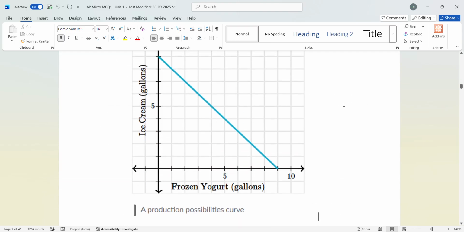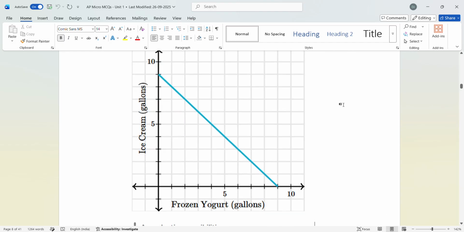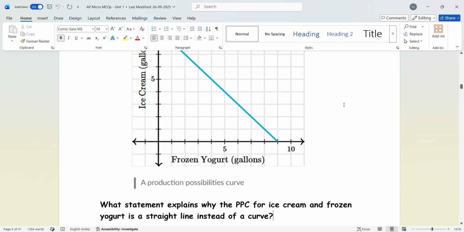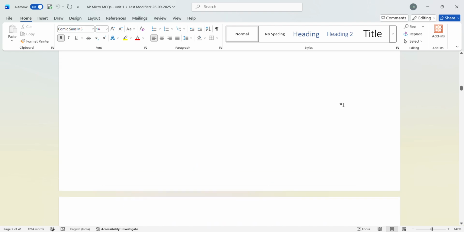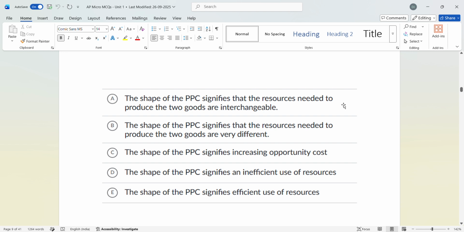Okay. Then the graph below shows the PPC for a country producing ice cream and frozen yogurt. And the question was, what statement explains why the PPC for ice cream and frozen yogurt is a straight line instead of a curve? And the answer is, sorry, option A, that they are interchangeable.